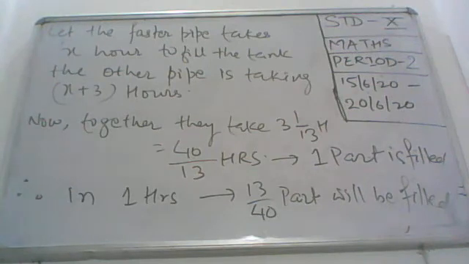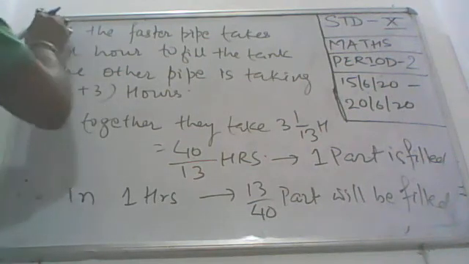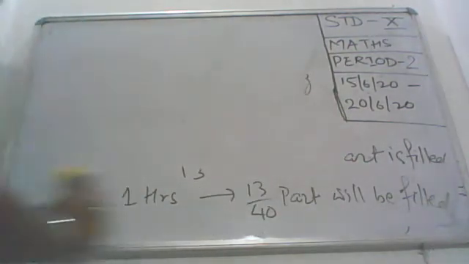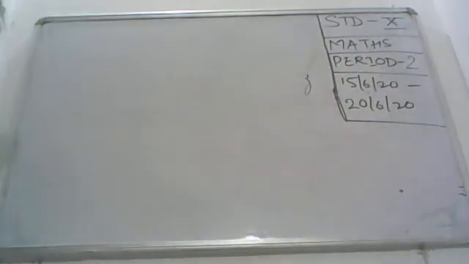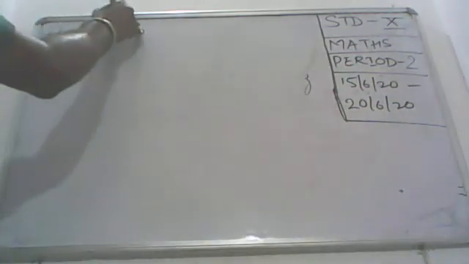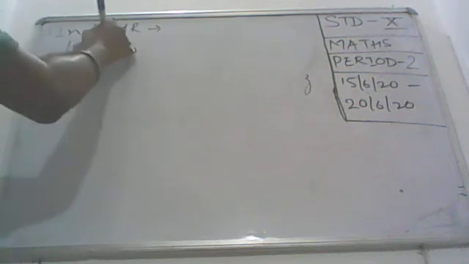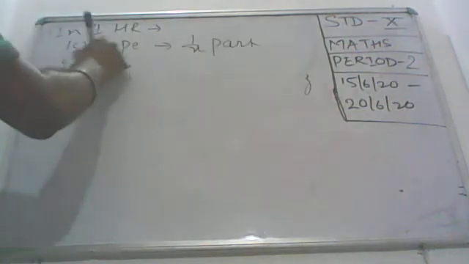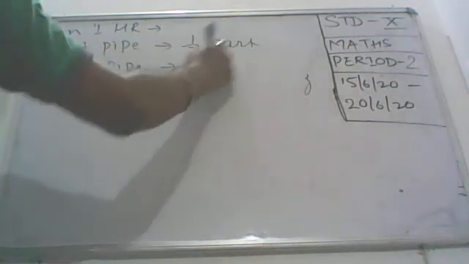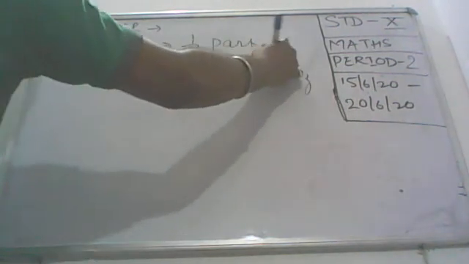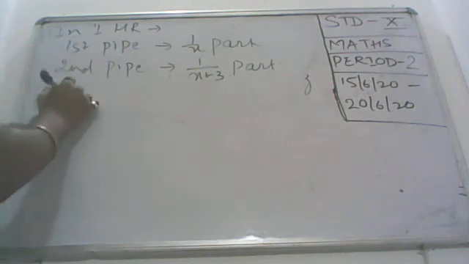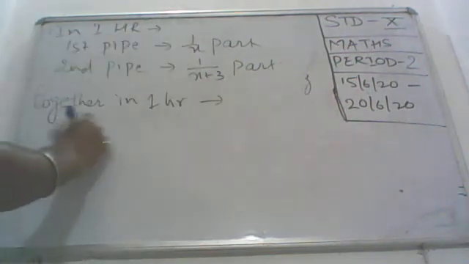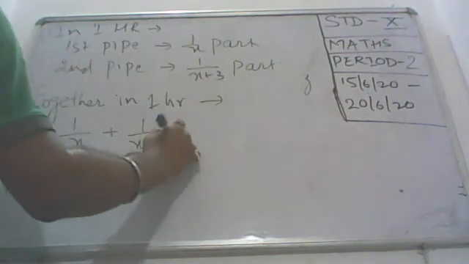Similarly now, if we are taking these pipes, we'll find their 1 hour work. This is the 1 hour work when they are working together. So we can write here that in 1 hour, the first pipe will fill 1 by x part, the second pipe will fill 1 by x plus 3 part, and together in 1 hour they will fill 1 by x plus 1 by x plus 3 part.